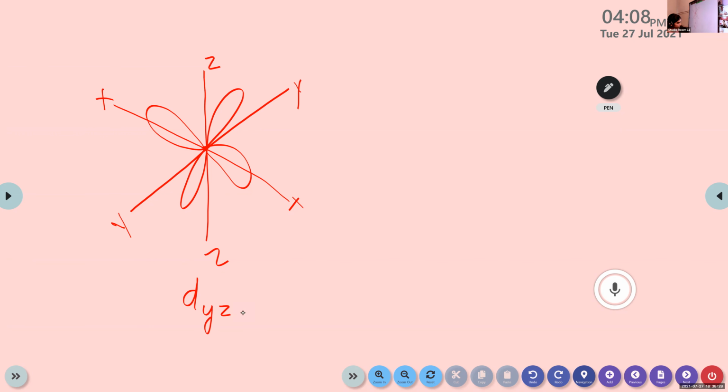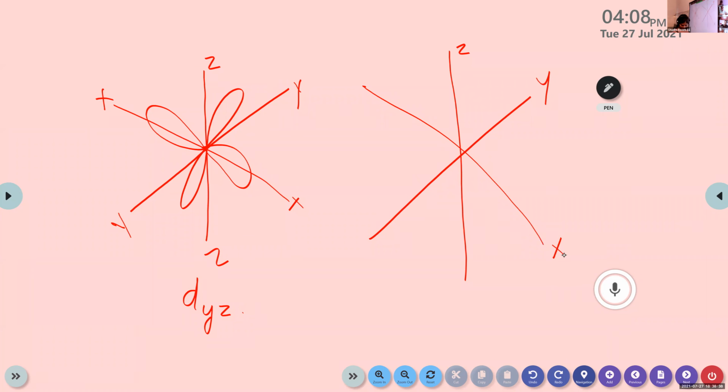Then the fourth one. You have to remember these names.